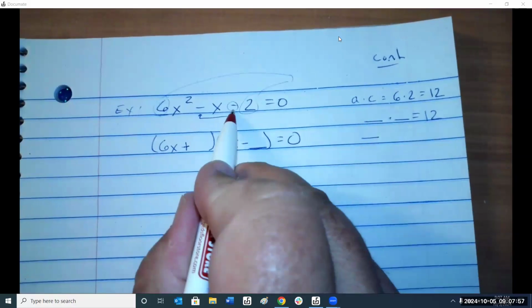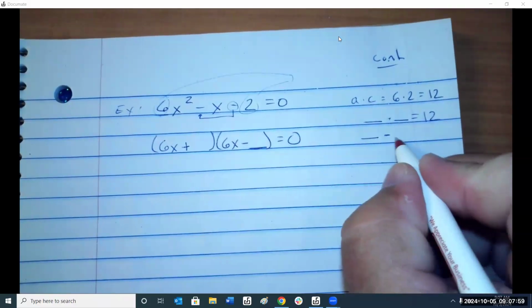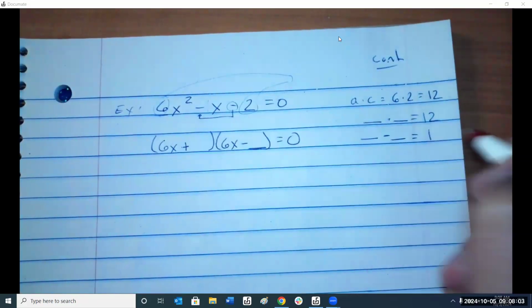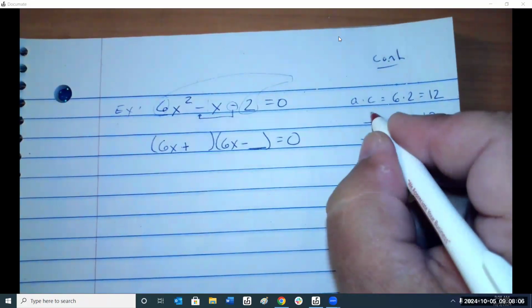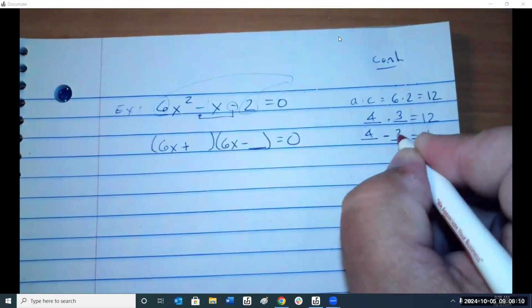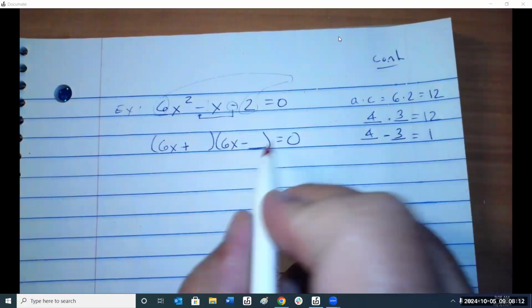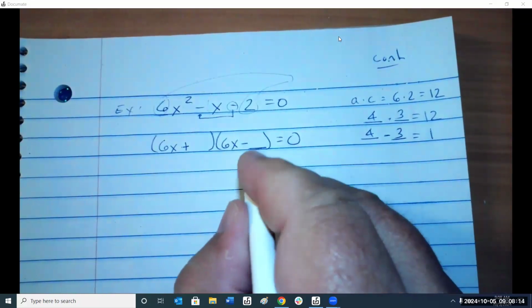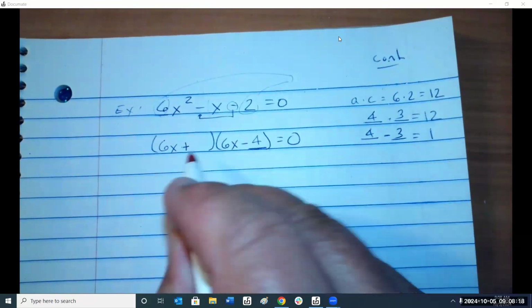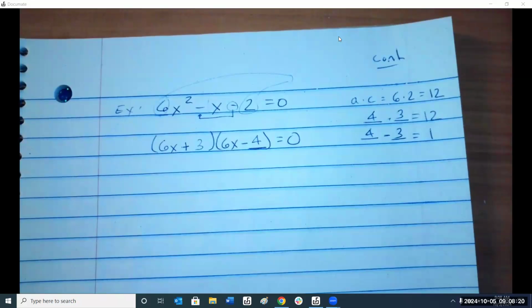Since the second sign's a minus, since we subtract them, it equals 1. So the only ones I can think about are 4 and 3. 4 minus 3. So the bigger number goes inside where the minus is because the first sign's a minus. And the second one's a 3.